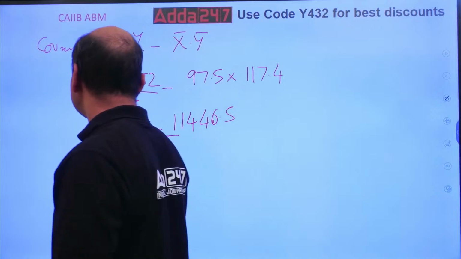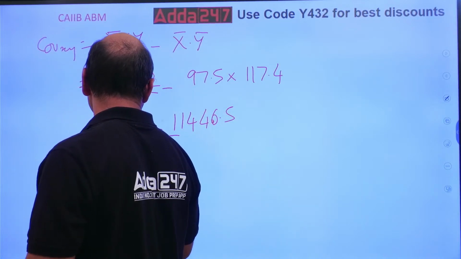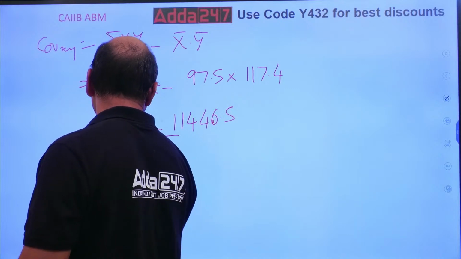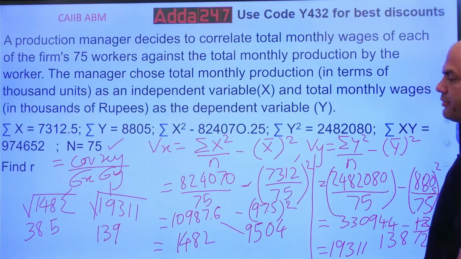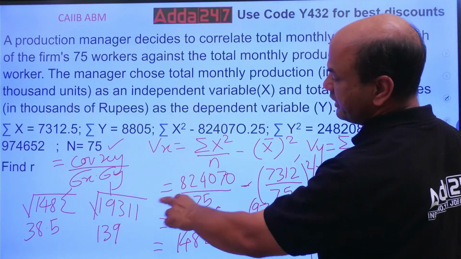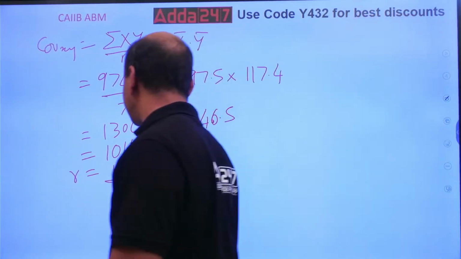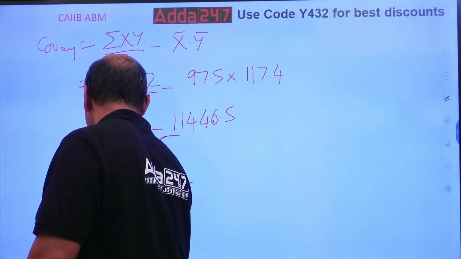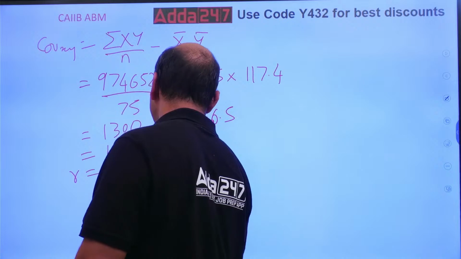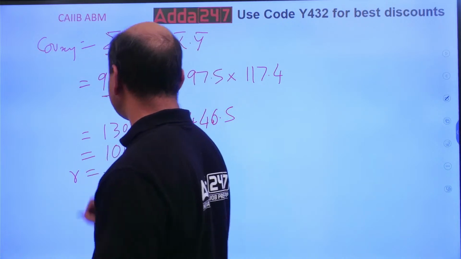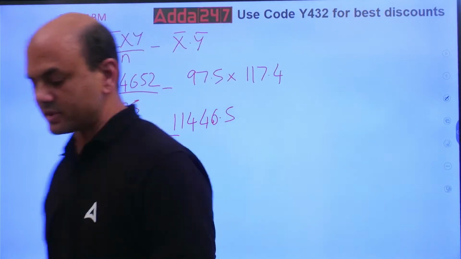R equals 10146.5 divided by what was that answer? Sigma x, sigma y. Say this 38.5 into 139. Get this answer, and this is minus. Okay, remember it's minus. This is bigger. So minus. What is the answer you are getting?